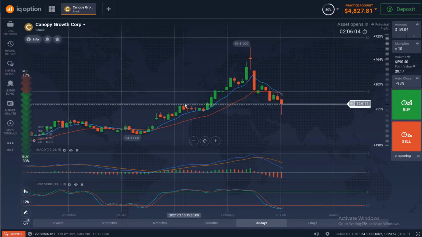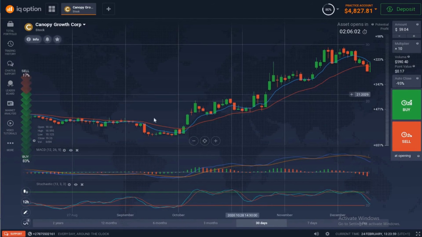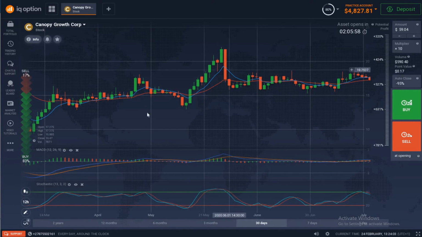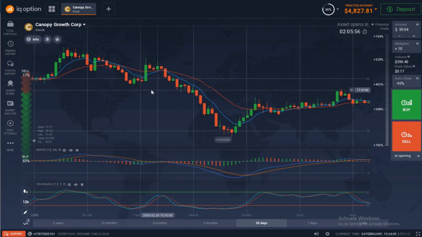And then on the inverse, let's just have a look here, yeah, this will work well. Let's say we were here, this is on the 21st of February of 2020. You see, okay, the stochastic oscillator is turning. It's going to go downwards.